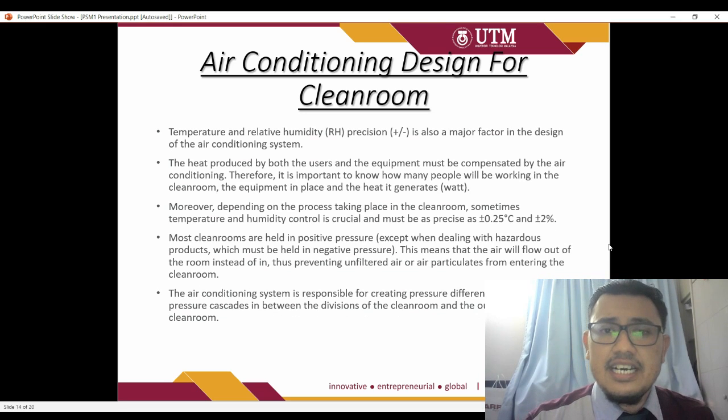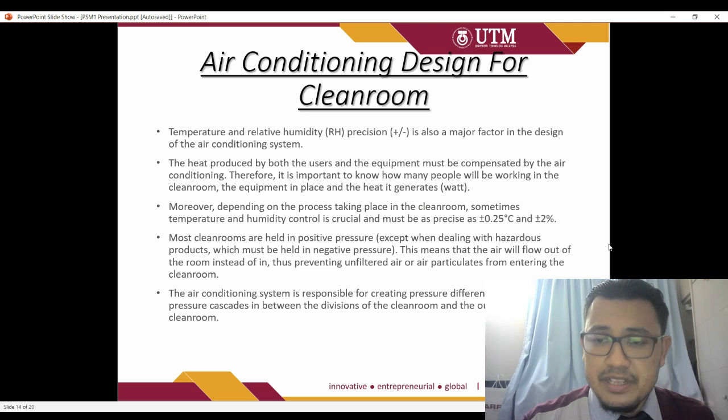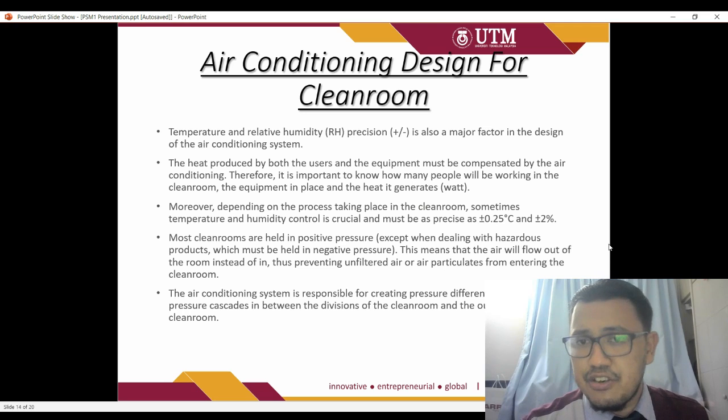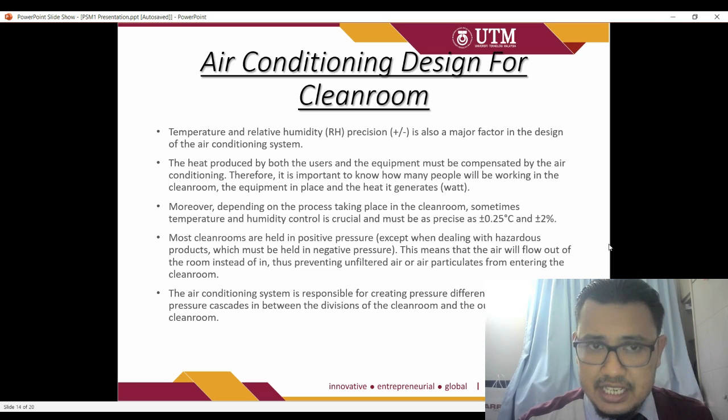Then like I said before, the temperature and the relative humidity for this clean room are very precise. That is the main factor to design this air conditioning system. Then the heat produced by both the users and the equipment must be compensated. So all the sensible and latent heat must be compensated by the air conditioning.